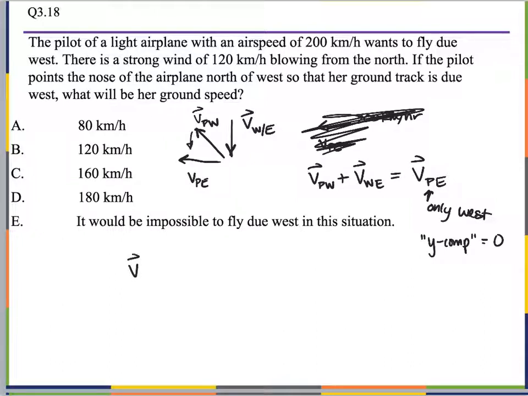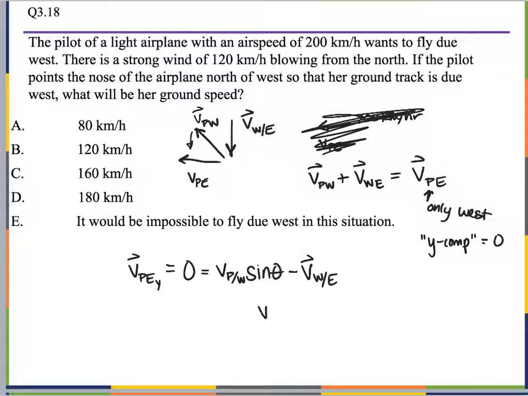So the velocity of the plane with respect to the Earth in the y direction is 0, which is equal to the velocity of the plane with respect to the wind times the sine of that angle, which we're looking for, minus the velocity of the wind with respect to the Earth. And so we could use this to figure something out.